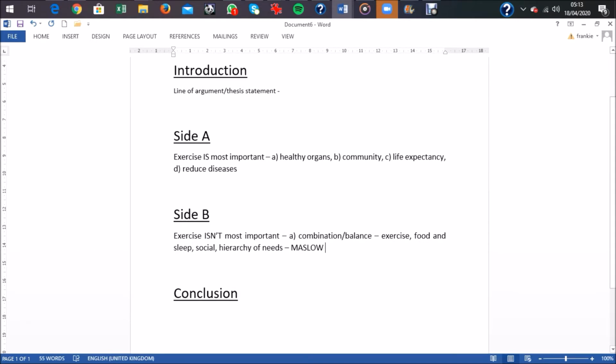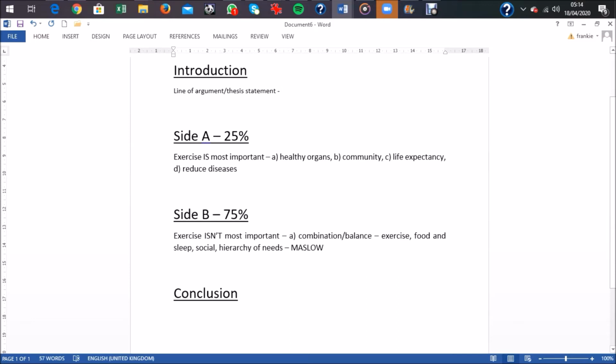Okay guys, then you need to weigh it up and think, okay, which side of the equation do I fall down in a bit stronger? So let's say B, for argument's sake. So let's say you agree with side B perhaps 75% of the way, and you agree with side A maybe 25% of the way. So this is going to dictate your line of argument or your thesis statement.